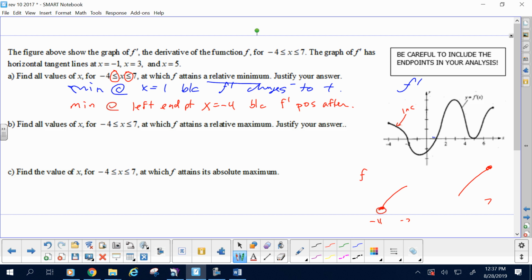Okay, which most of you had. There's also a relative max at the right endpoint x equals 7 because f prime is positive before. Understood? Okay, and this one they would be very picky on, but we'll get to fundamental theorems, so don't worry about it. That's just what I want to talk about.